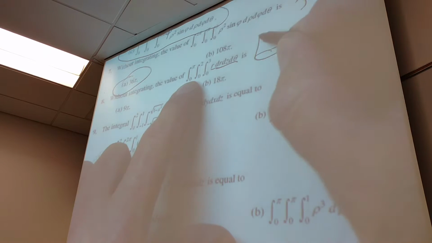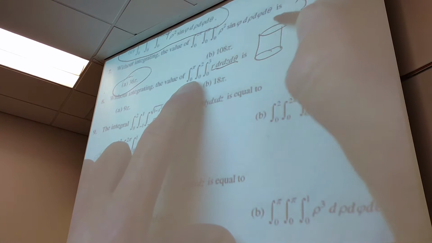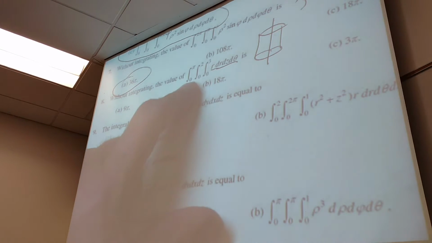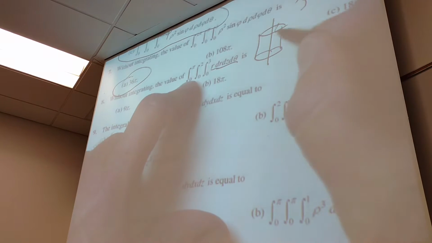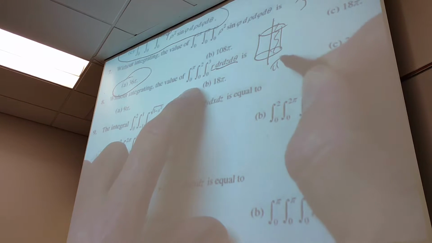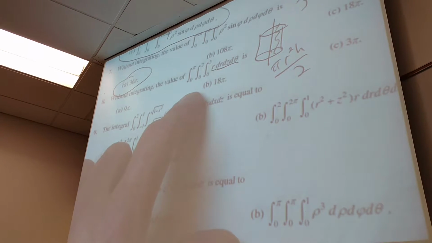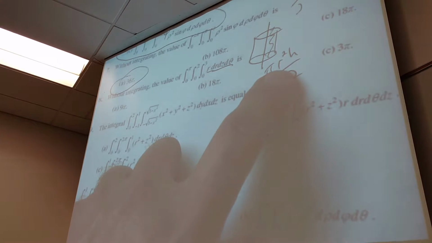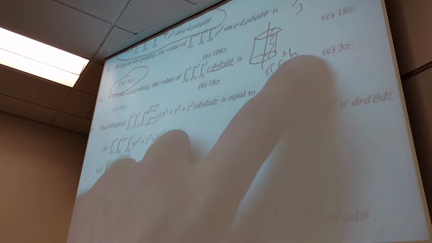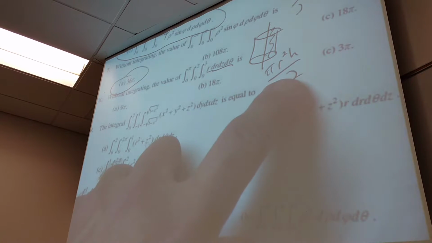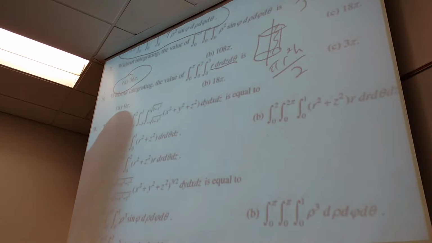So this is a poor little cylinder dude that's been chopped. So you just want half the cylinder. So you do the cylinder formula, pi r squared h, cut it in half. So what do you get? The radius was 3, so it's 9. The height was 2, 18 divided by 2 is 9. Looks like it's part A.